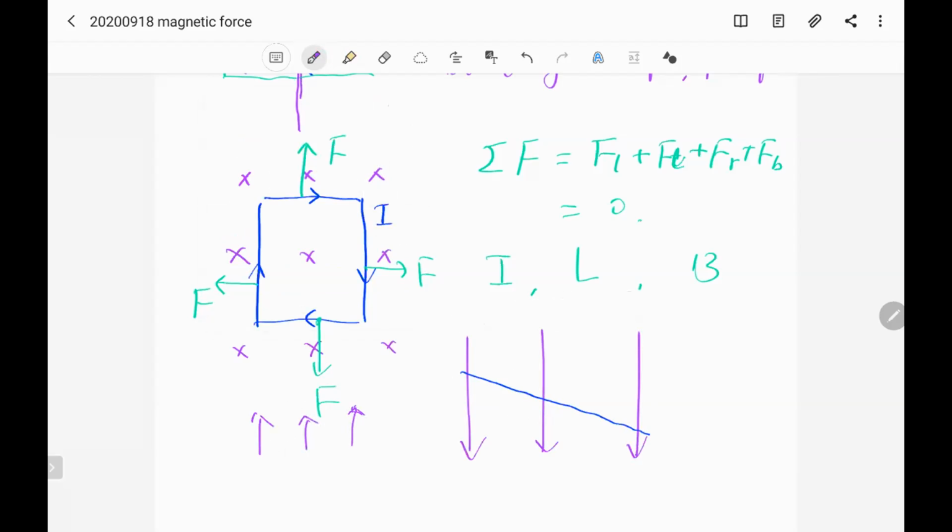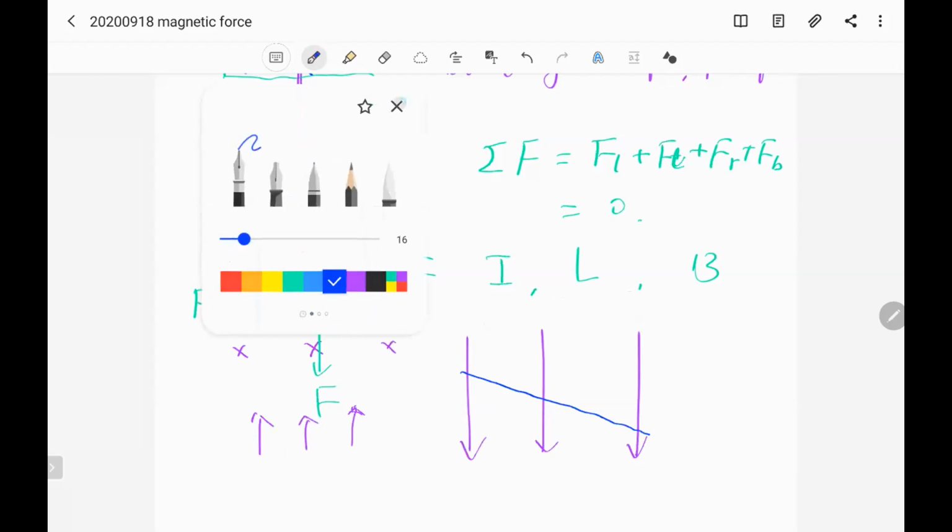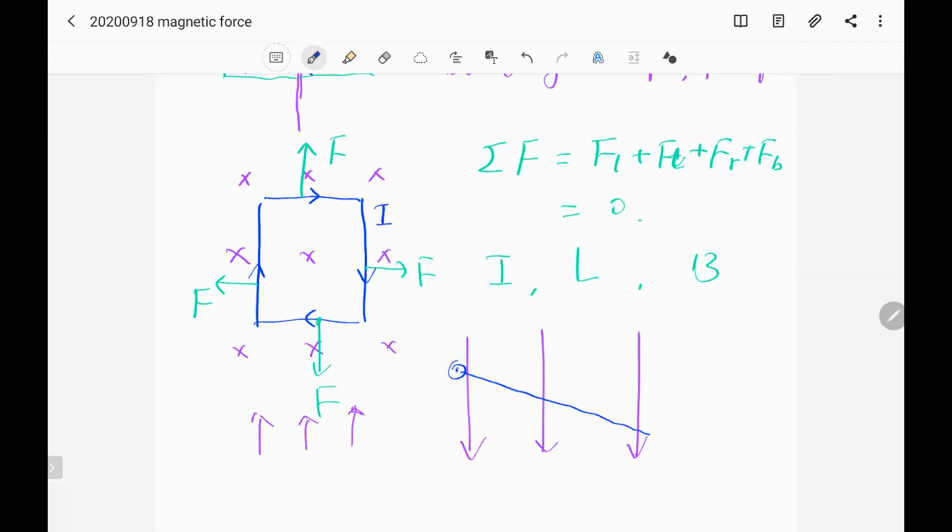So on the left side, the current is going into the page, and on the right side, it's out of the page. The angle is not 90 degrees, but a small angle to make sure the force is not equal to 0.